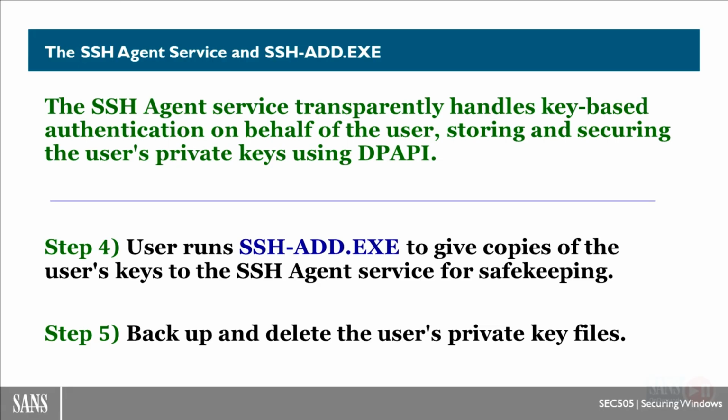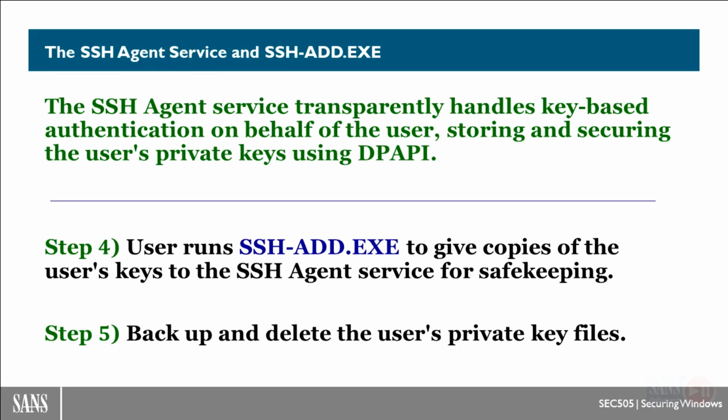It's actually not the browser. Or what if you have like an email certificate, and the private key for that email certificate? What protects the private key for that email certificate? Again, it's DPAPI, this built-in feature of the operating system. So in Windows then, we can give our private keys to the SSH agent service and let it take care of the private keys instead of us trying to protect it ourselves.